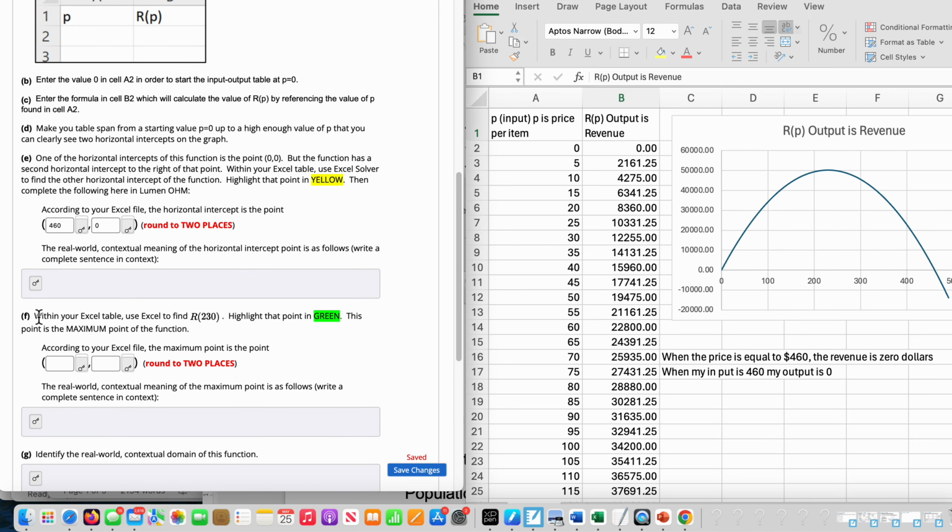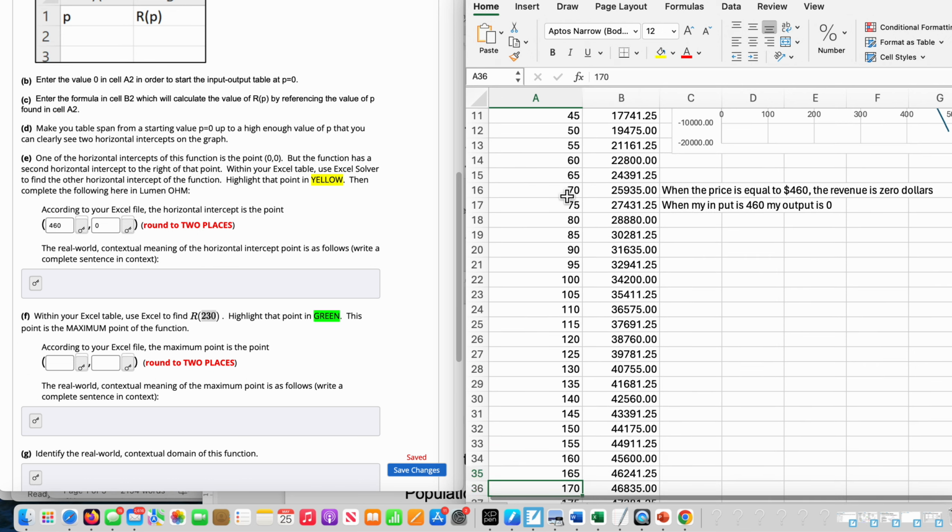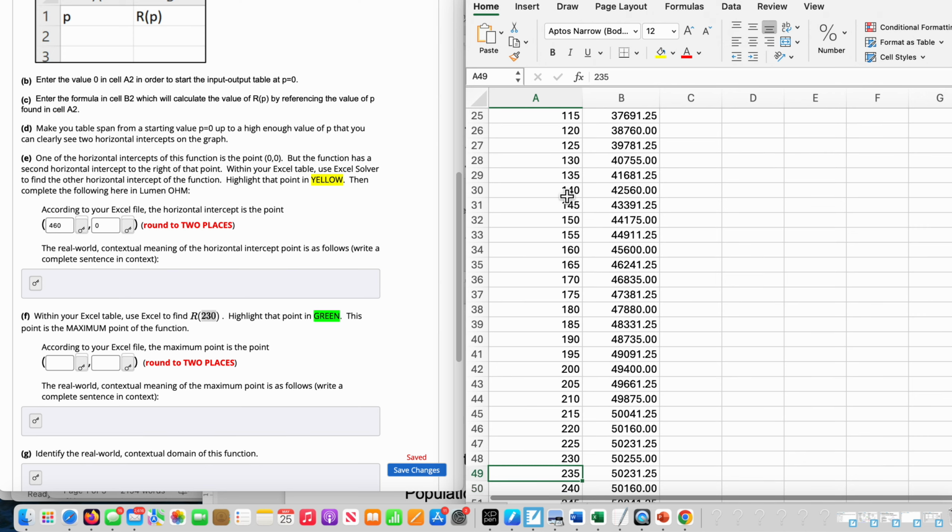All right, so then the next part says, within my table, find R of 230. So this means if the thing in parentheses represents price, I want to find what the revenue is. I want to evaluate this function. My input is 230. Depending upon how I set my table up, I probably have 230 in my table right here.